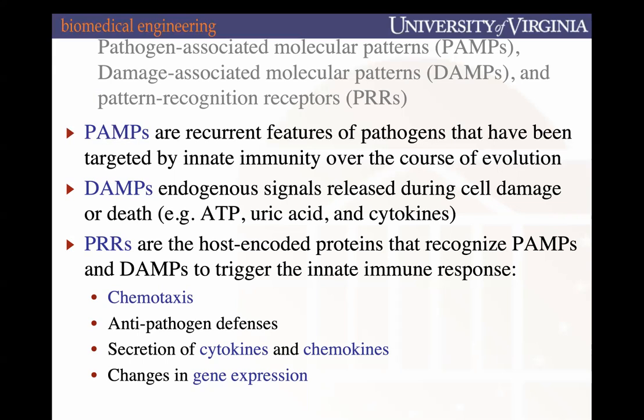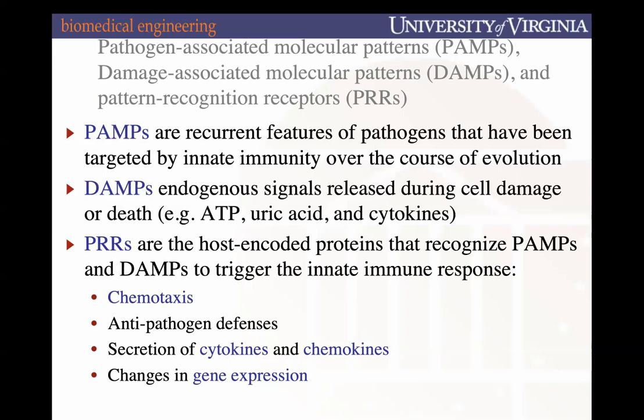There are anti-pathogen defenses where we have pattern recognition receptors that recognize specific patterns on pathogens and induce an innate immune response. This will trigger the release of cytokines. Again, these are soluble proteins that are like signaling cues between cells. Historically, we only think of them as being among immune cells.